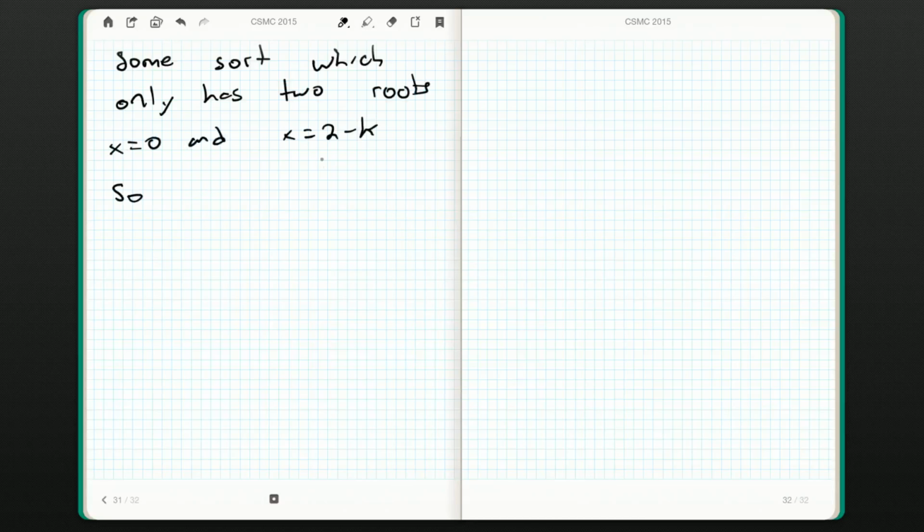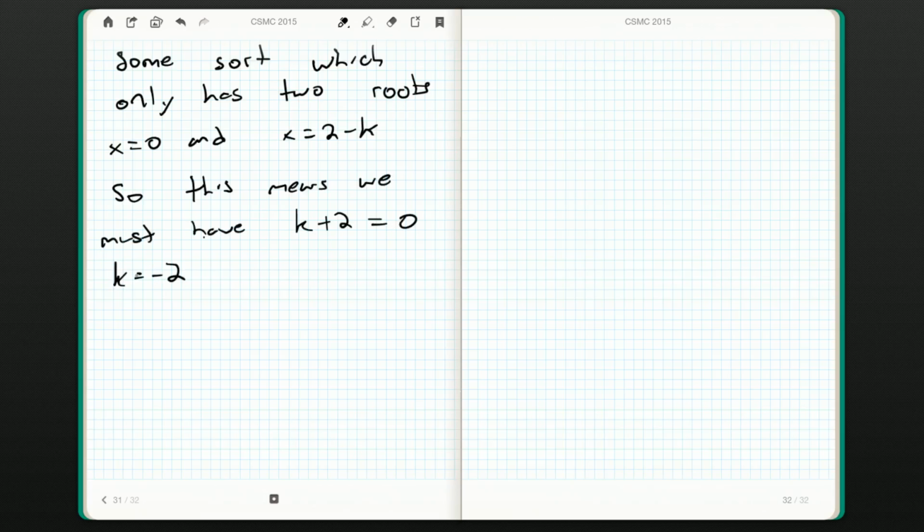So if the function on the right isn't just purely 0, then it's a quadratic with some leading coefficient that isn't 0, and we'll only get 2 roots. So this tells us k plus 2 has got to be equal to 0. And that's the same as saying k is equal to negative 2.